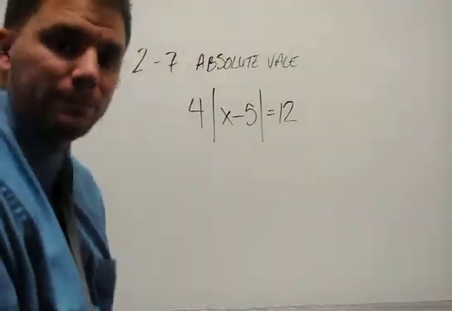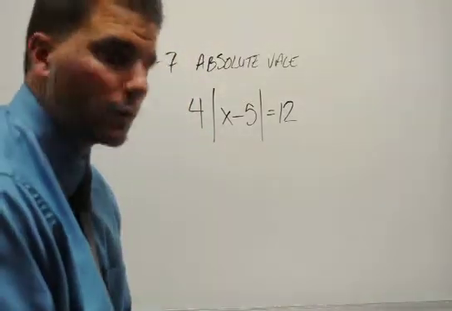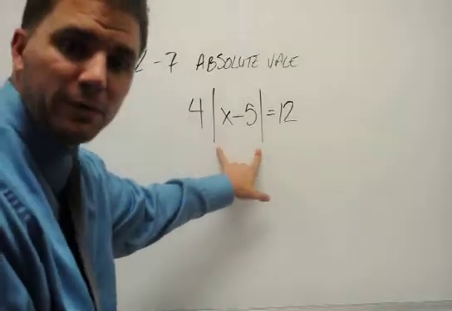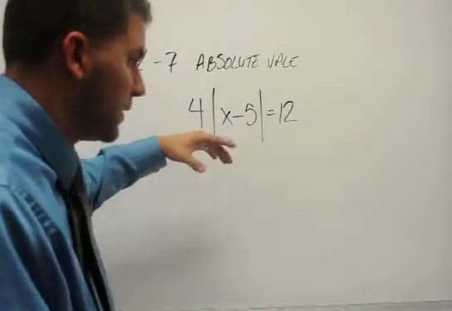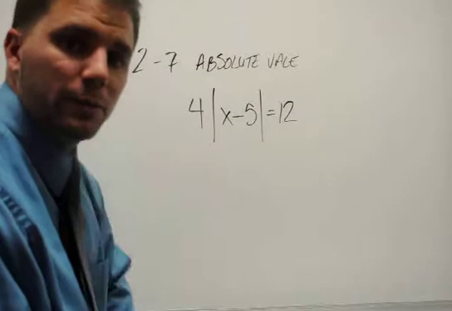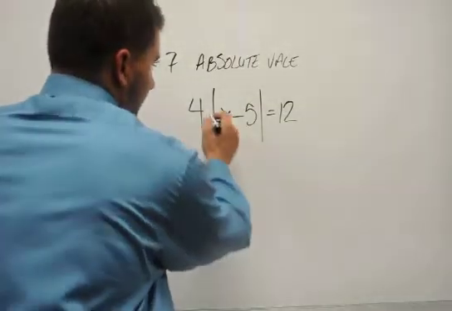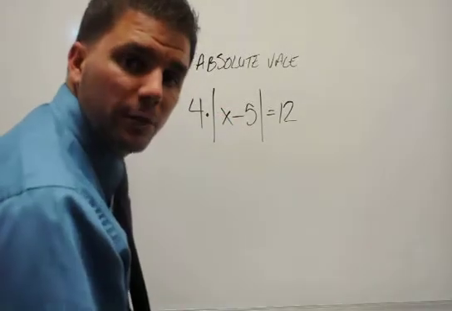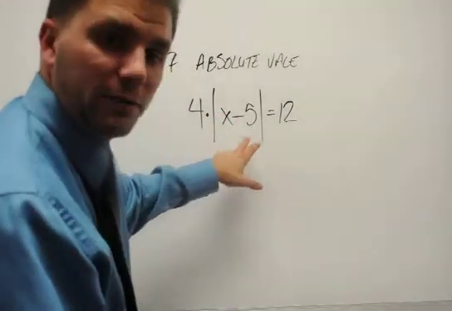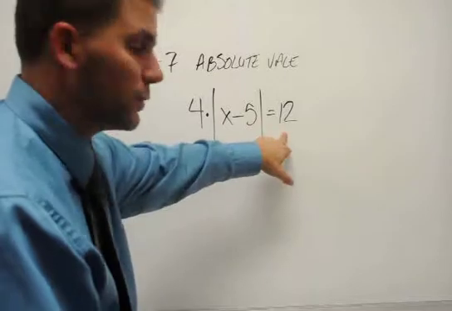This problem here, just like a two-step equation, we're going to isolate my absolute value and then set up the problem just like we did with our last one. So right here I recognize that I have a 4 outside the absolute value sign, which can be represented as 4 times the absolute value of x minus 5 equals 12.